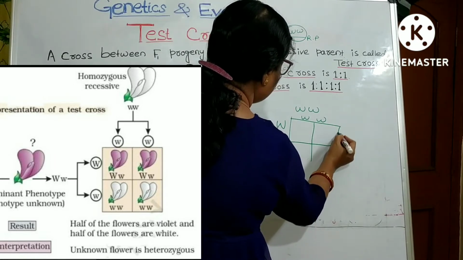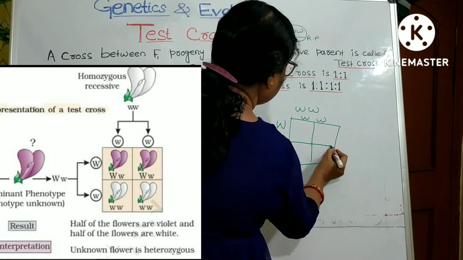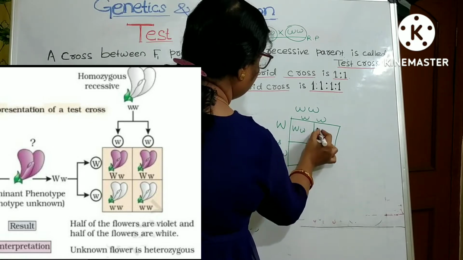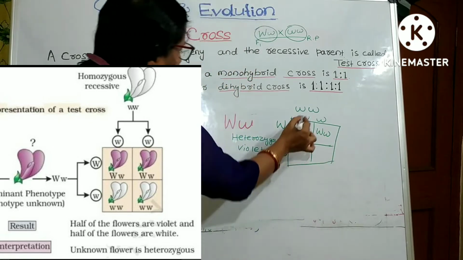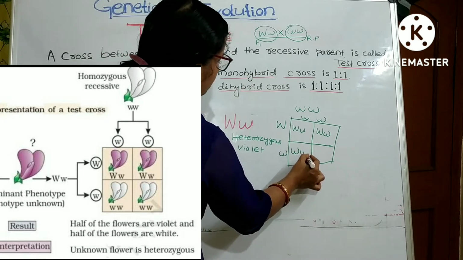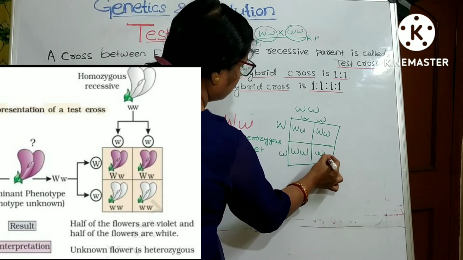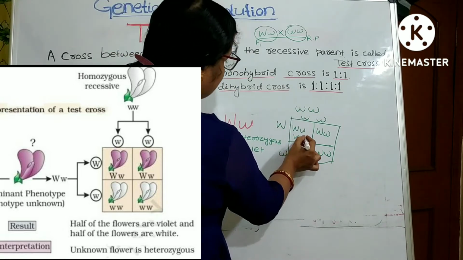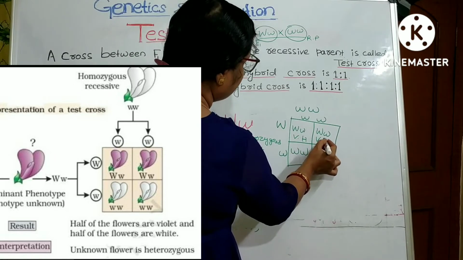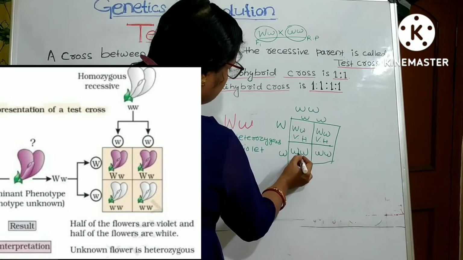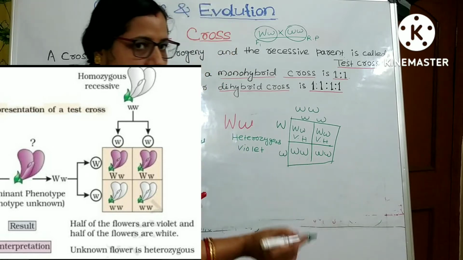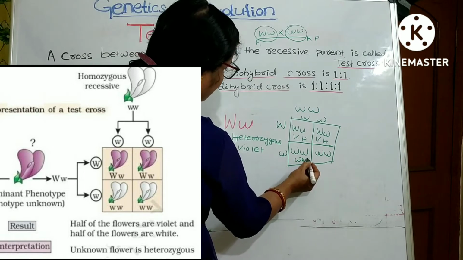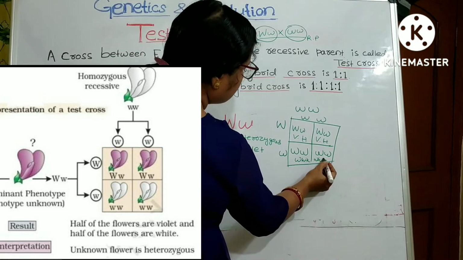If we draw the Punnett square, we get capital W, small w, capital W, small w, small w, small w, small w, small w. So these are violet, hybrid violet, and this is recessive, with all alleles in recessive form, small w, small w. This is white.